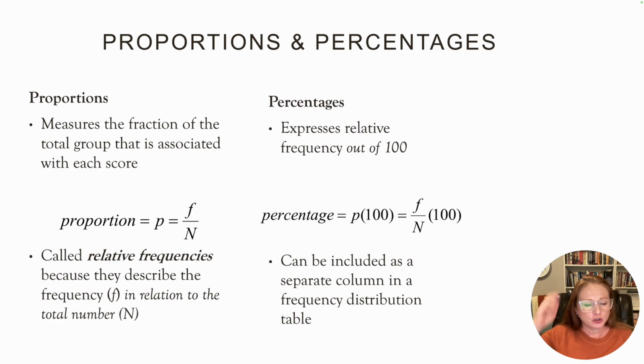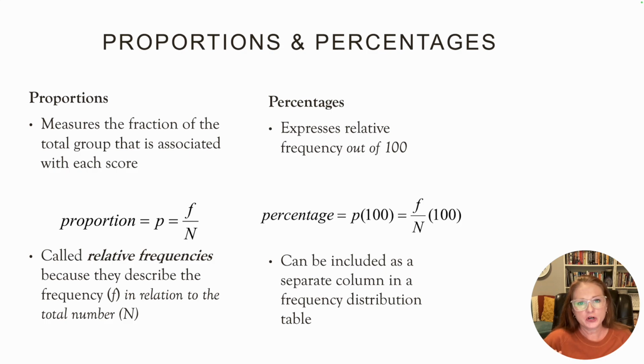So the equation you're looking at for proportion is proportion equals p, and again, it's going to be more of like a slanted or a cursive p, equals f divided by N, capital N, notating a population. The percentage then is p times 100 equals the frequency, right, how often, divided by N, the total number of people in your population, times 100, right?